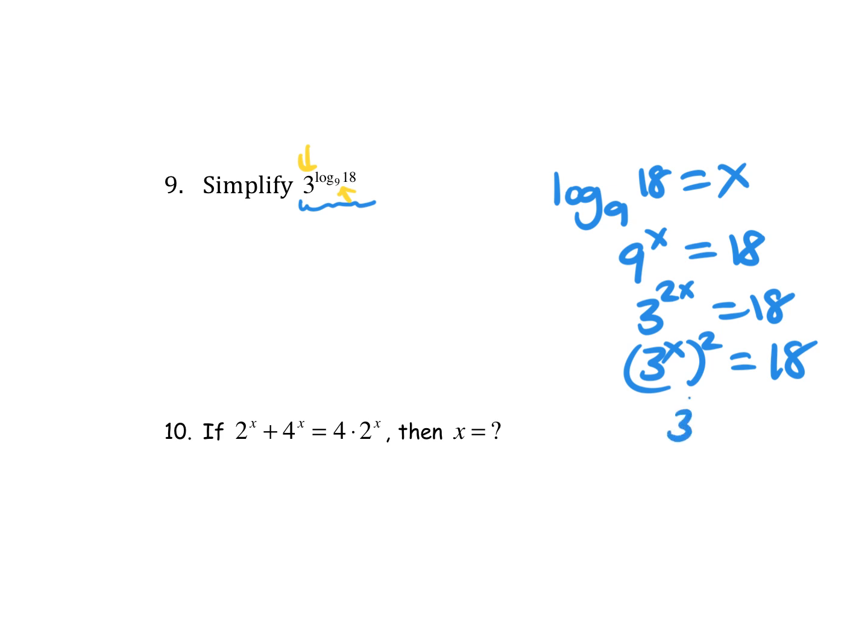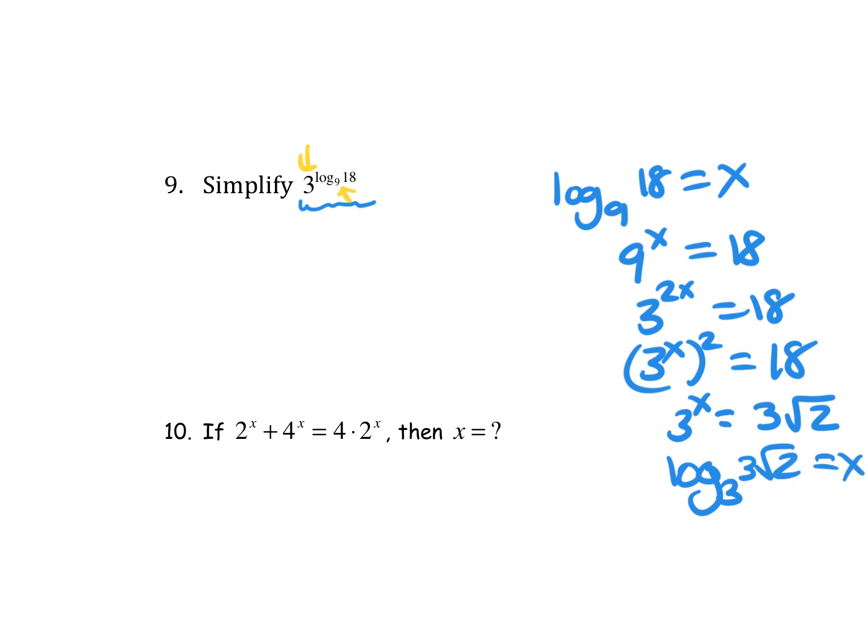Square root both sides. I'm not going to do plus or minus because 3 to a power can never be negative, so it's just going to be the positive square root. And the square root of 18 is 3 root 2. Okay, so now let's move it back to log form. This tells us that log base 3 of 3 root 2 equals x.